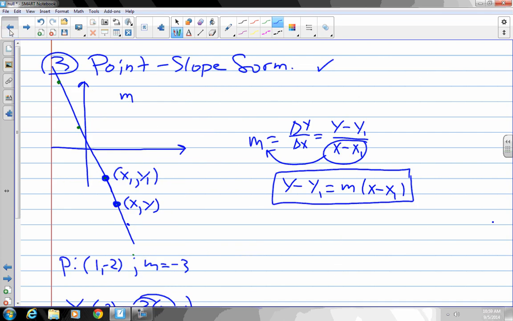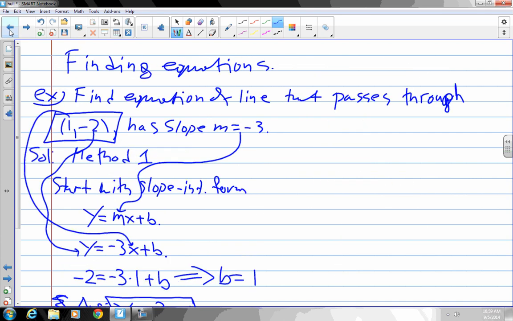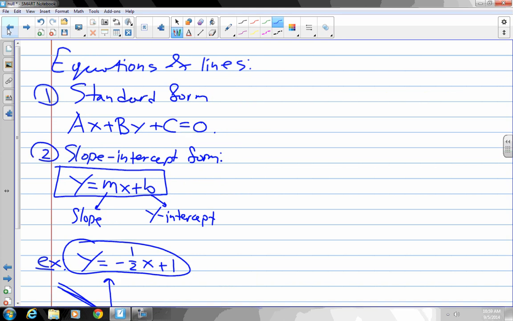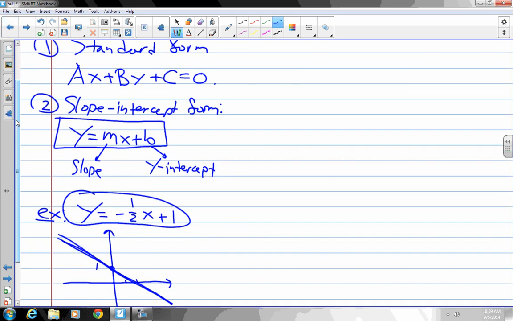If I look at the horizontal line, what is the slope of a horizontal line? 0. So if I go back to the mx plus b form and m equals 0, what's left? B, so y equals b. So that's the equation of a horizontal line. Y always stays the same. Y is a constant.